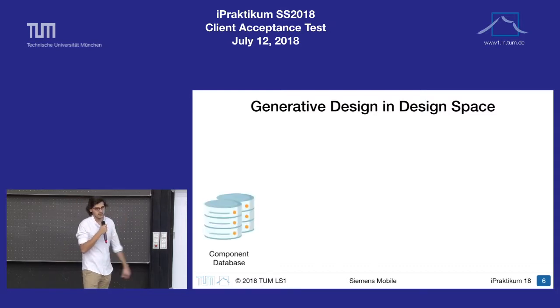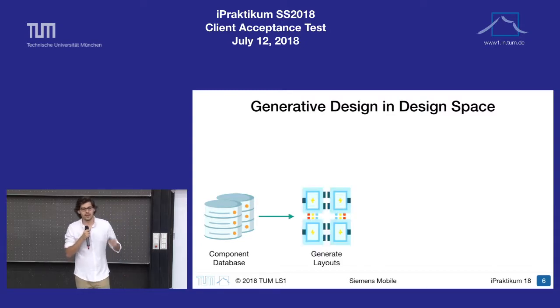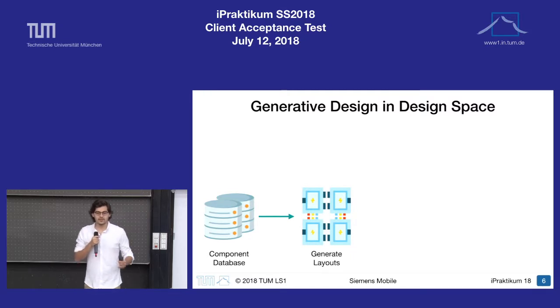For that, firstly, we have our component database, which provides us the available components to put in this switching cabinet. And by combining those components, we create multiple layouts, and they are created randomly in the first place.